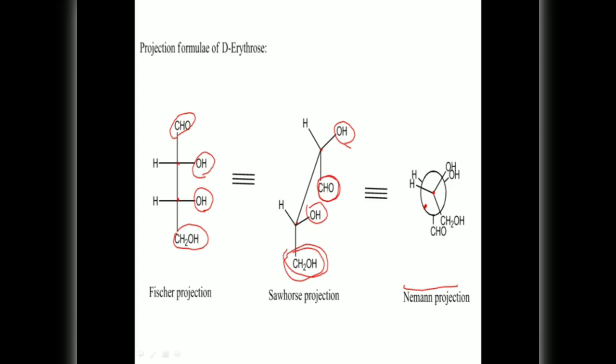And next, this CHO is attached to the circle, which means it is attached to the rear carbon. To the rear carbon, CHO, OH and hydrogen are added, and to the front carbon, OH, H and CH2OH are added.